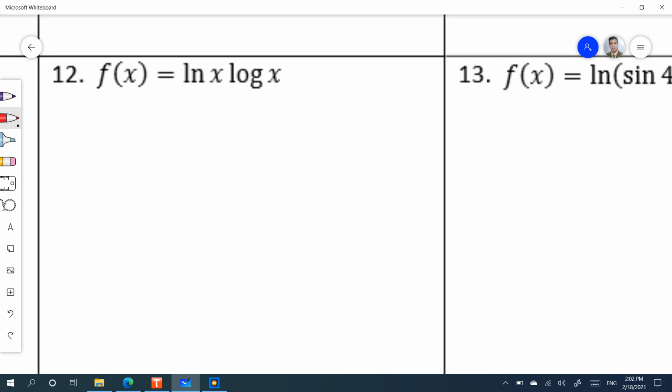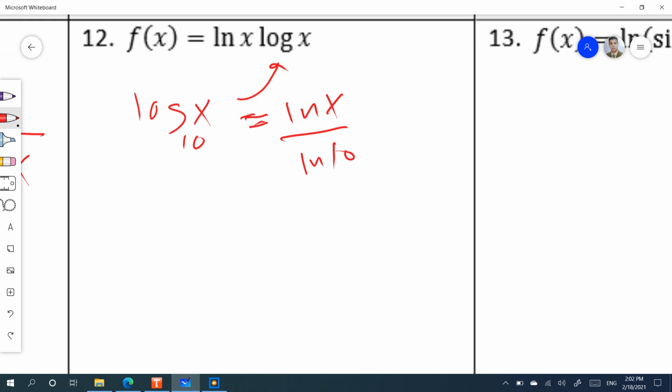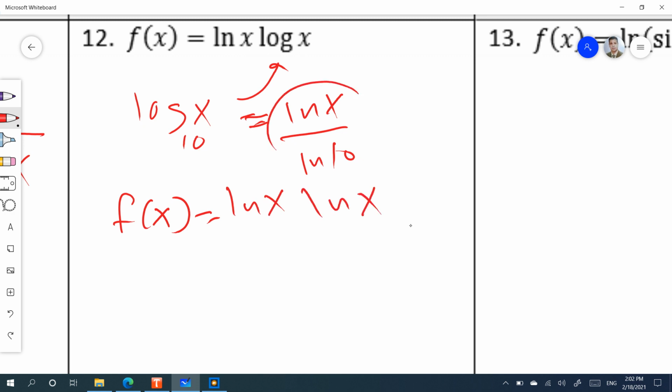So here we can benefit from the relationship that log x means log to base 10. Therefore we can write this equation like ln x over ln 10. Okay, therefore we can rearrange this function as follows: ln x times ln x divided by ln 10.